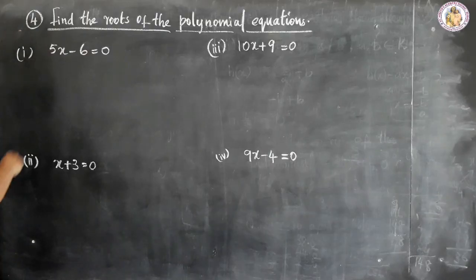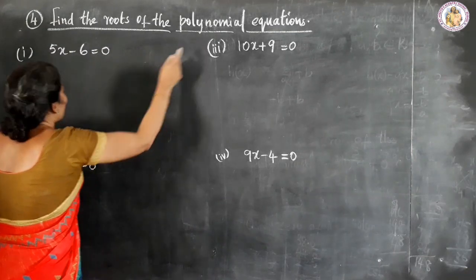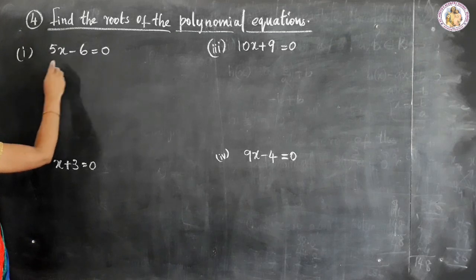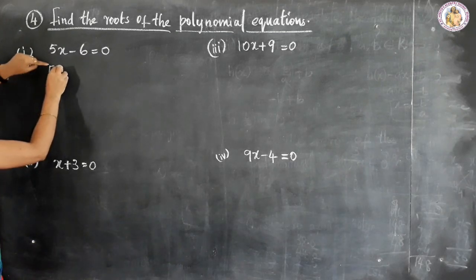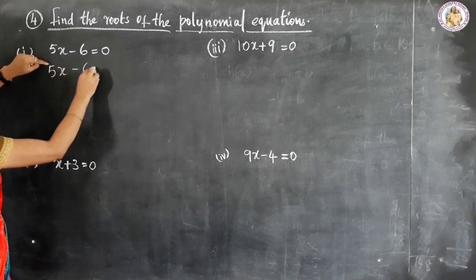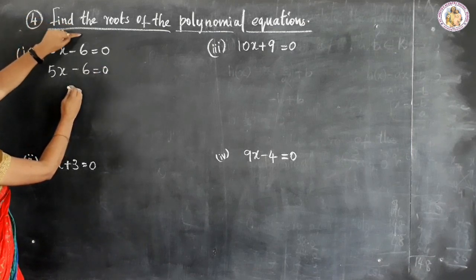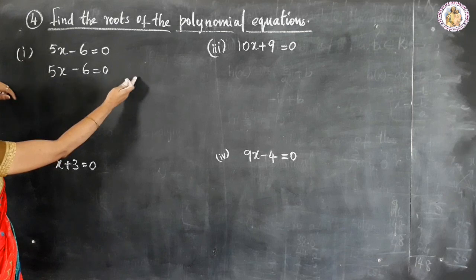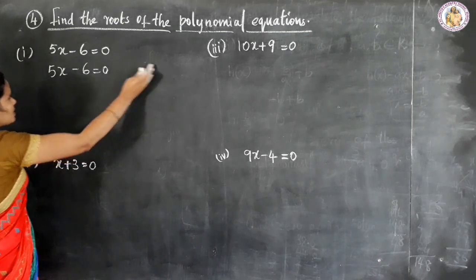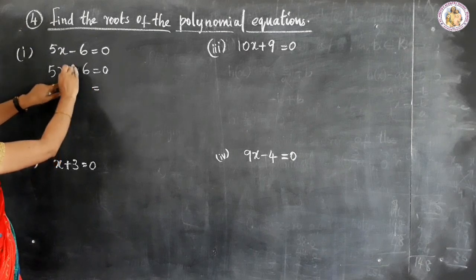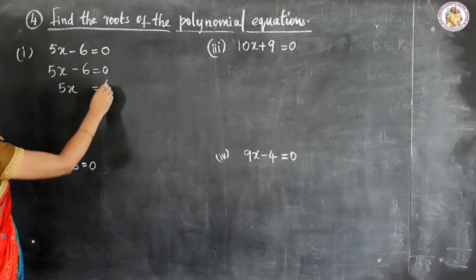Question number 4. Find the roots of the polynomial equations. Question number 1. F of x is 5x minus 6 is equal to 0. So now take 5x minus 6 is equal to 0. Now here you have to find the roots of the polynomial. In the earlier exercise, you found the root of the equation. Same steps we are going to do here also. 5x minus 6, while it comes to the right side it becomes plus 6.